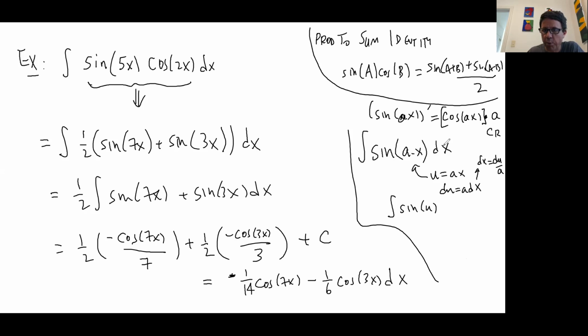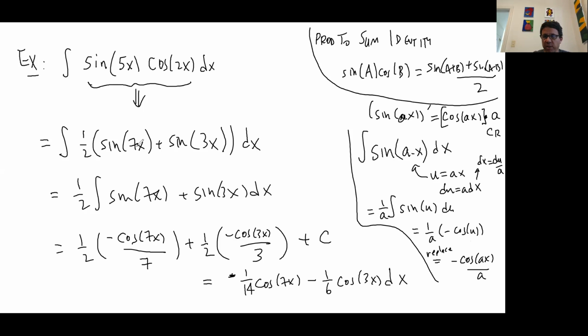So when I put in dx, I have to put du, but then I have to divide it by a. And then when I integrate this up, I'll get 1 over a negative cosine of u. And when I replace, I'll get negative cosine of ax over a. So just what Travis said is that a just ends up being the denominator.